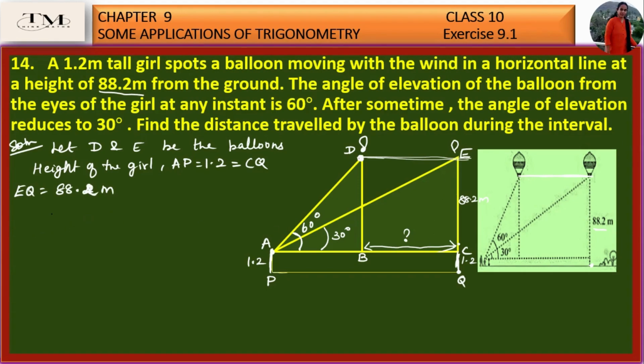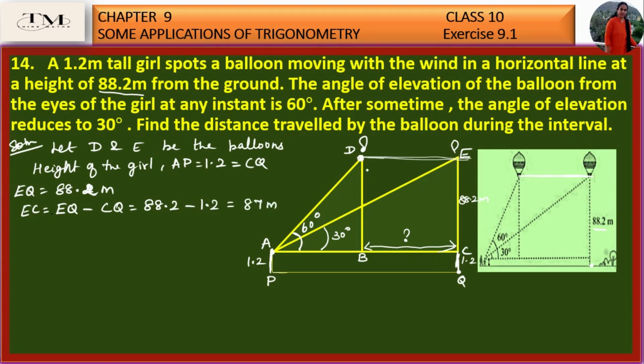We need only EC. So in this triangle, EC will be equal to EQ minus CQ. EQ is 88.2 and CQ is 1.2, so it will be 87 meter.